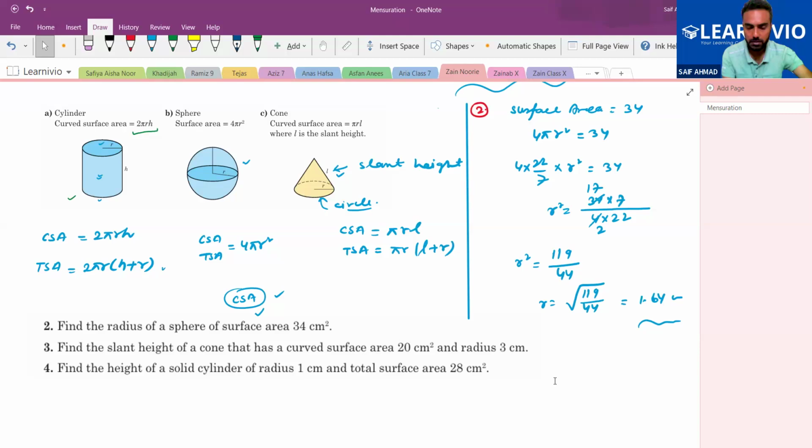Understood? Can you find the answer of the third one?